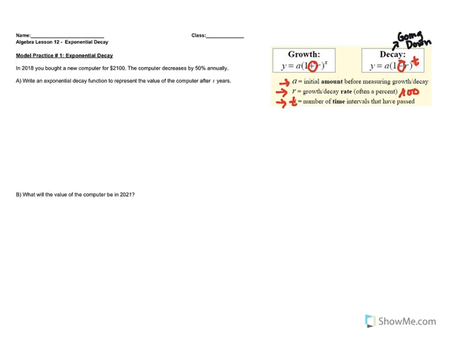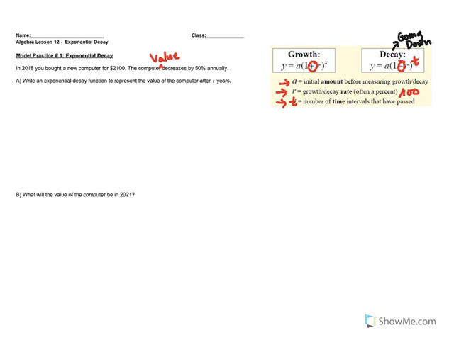The computer value decreases by 50% annually. So every year, the value of the computer is going to go down by 50%. So every year, it'll be at a value that is half of what it was before.